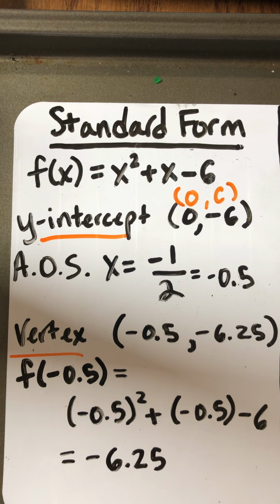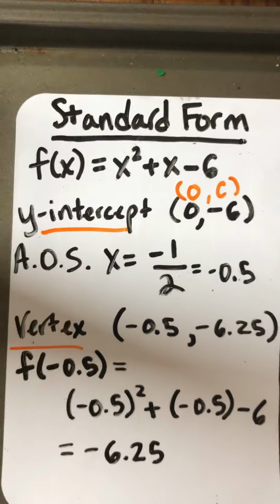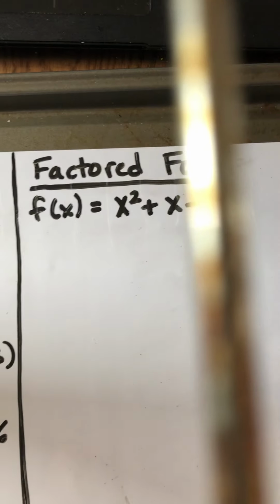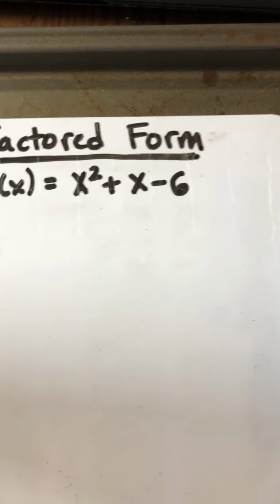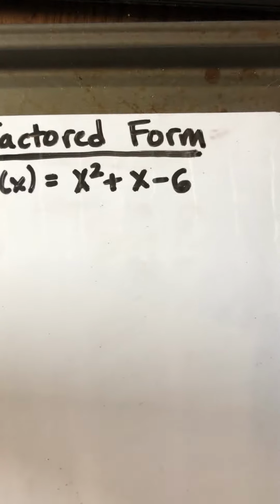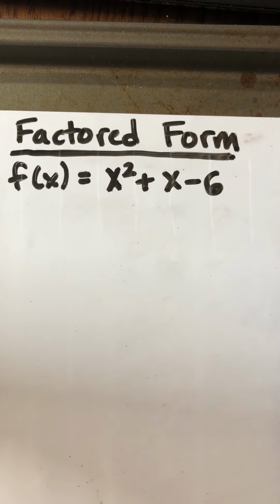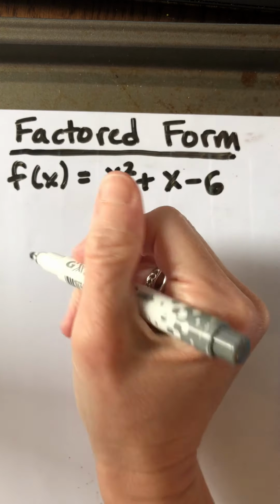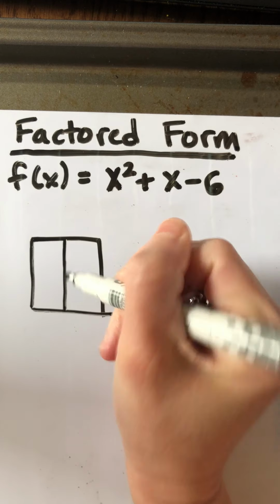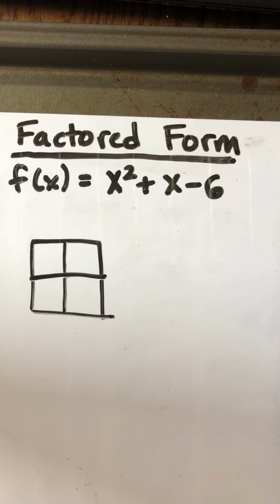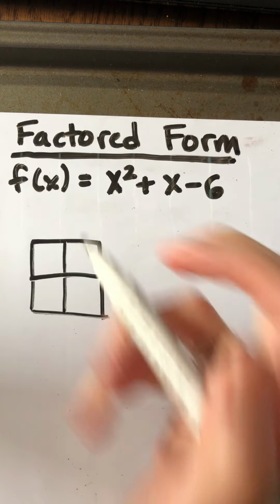So now let's consider the same exact parabola, f of x equals x squared plus x minus 6, but let's rewrite it in factored form so that we can get some additional information about it as well. We're going to try and factor it to get a better sense of some of its different characteristics.